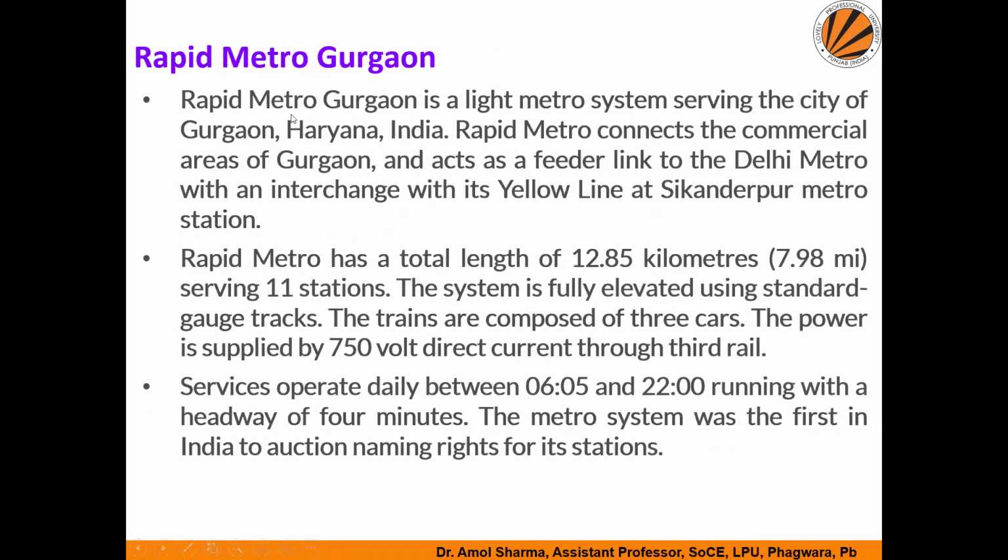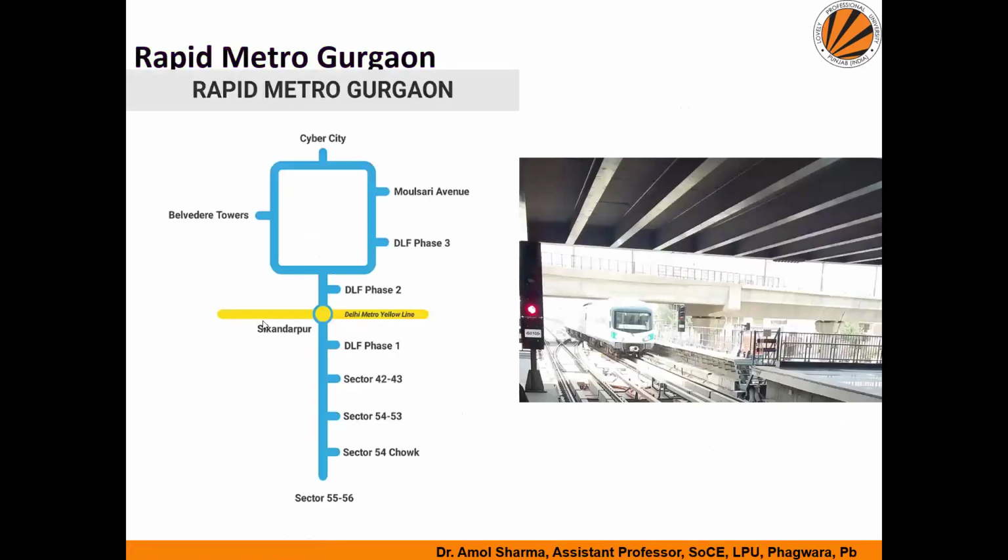So the Gurgaon rapid metro system connects the commercial areas of Gurgaon to the main Delhi metro system. Especially the Cyber City area of Gurgaon, the industrial IT hub, the DLF rapid metro runs along this phase only.